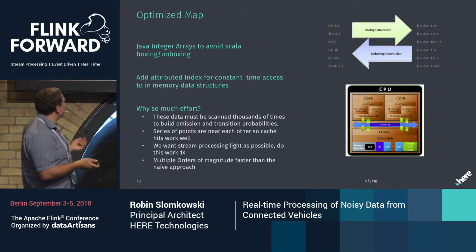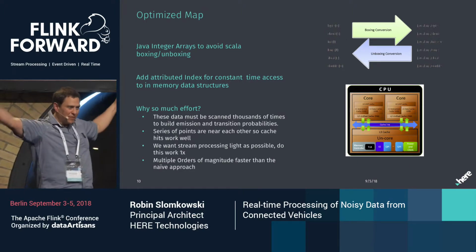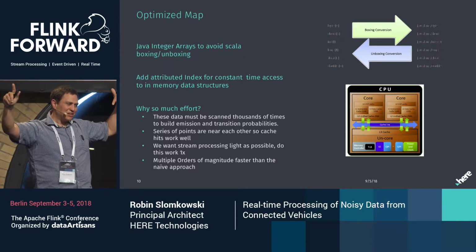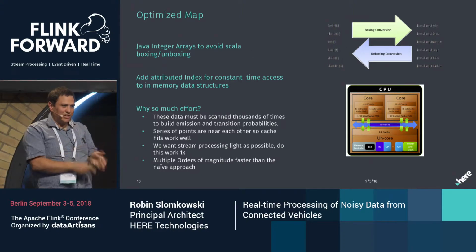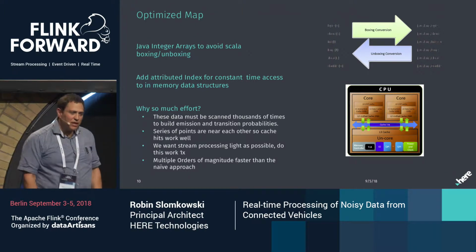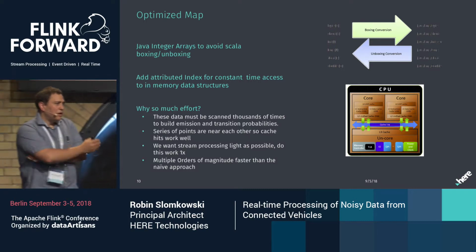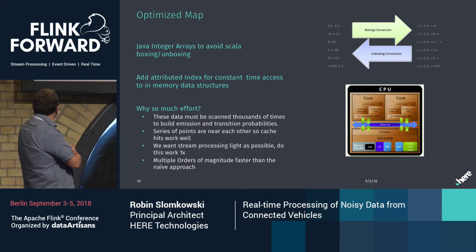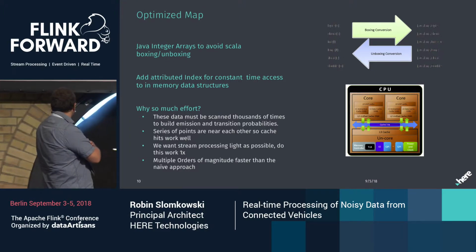We also add attribute indexes. So we have our array of geometry and our attributes as a nice integer array, and then we've added additional indexes to those locations to be able to make hunting for them take relatively constant time. And so again, we scan a lot. We really do.